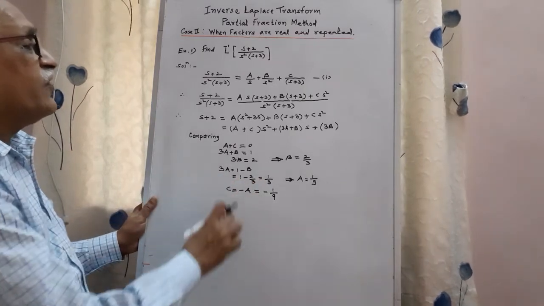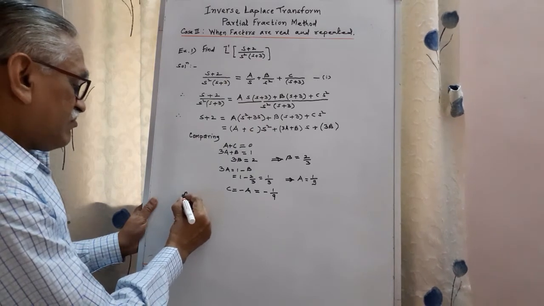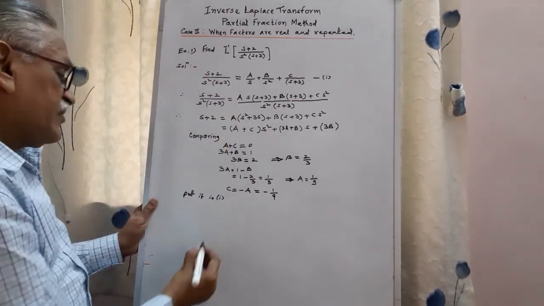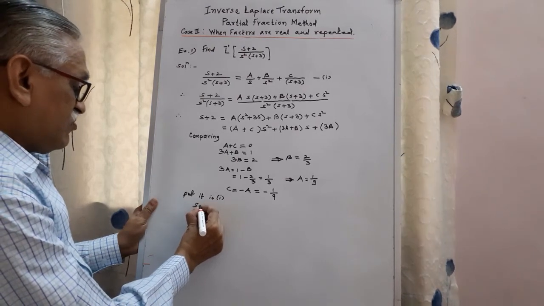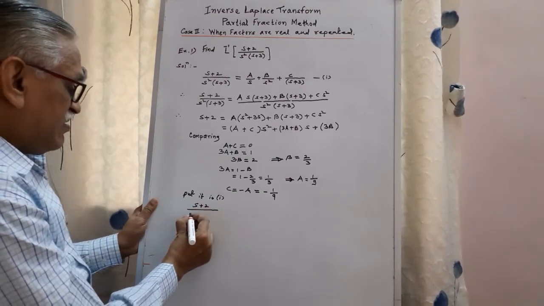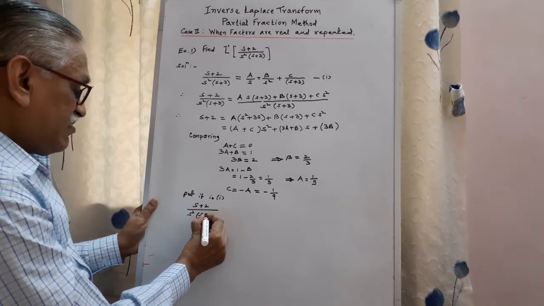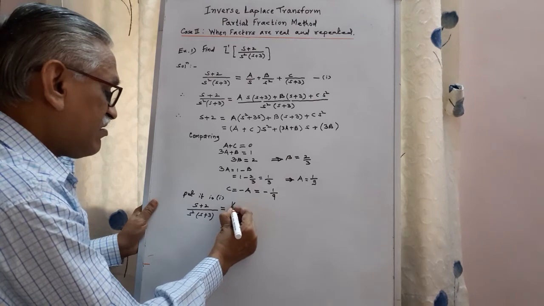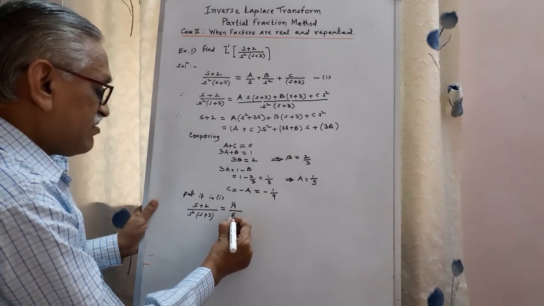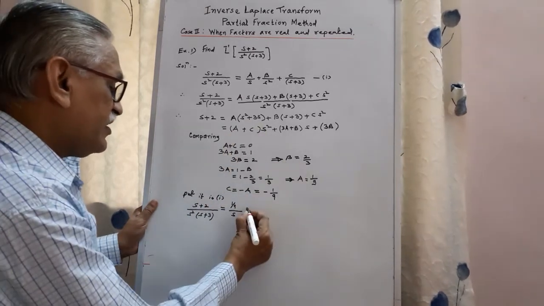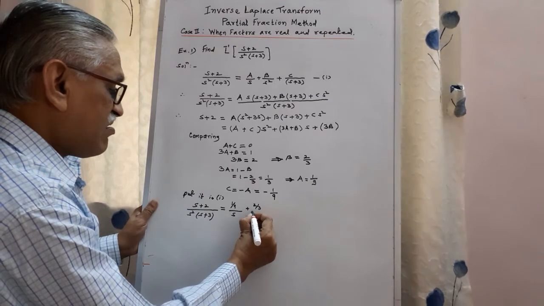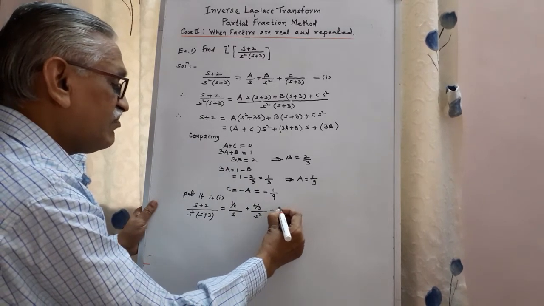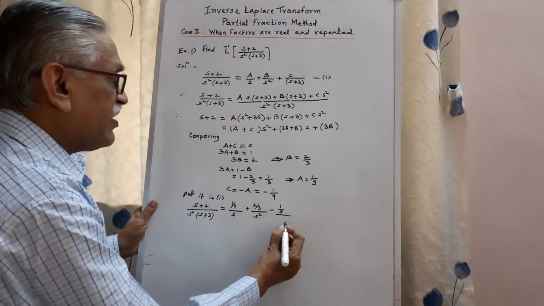Substituting this in equation 1, it becomes s plus 2 divided by s square into s plus 3 equals A, the value of A is 1/9, divided by s, then B, 2/3, divided by s square, and C is minus 1/9 divided by s plus 3.